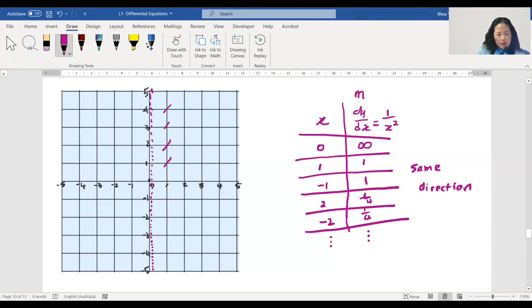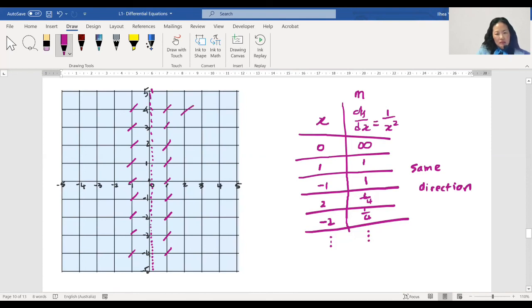And don't forget to do all the way, not just the one quadrant. And same thing here, isn't it? Because they're all the same direction, whereas before, it was opposite. This one's the same. And then the next one, it's getting smaller, so it's going to be flattened out.